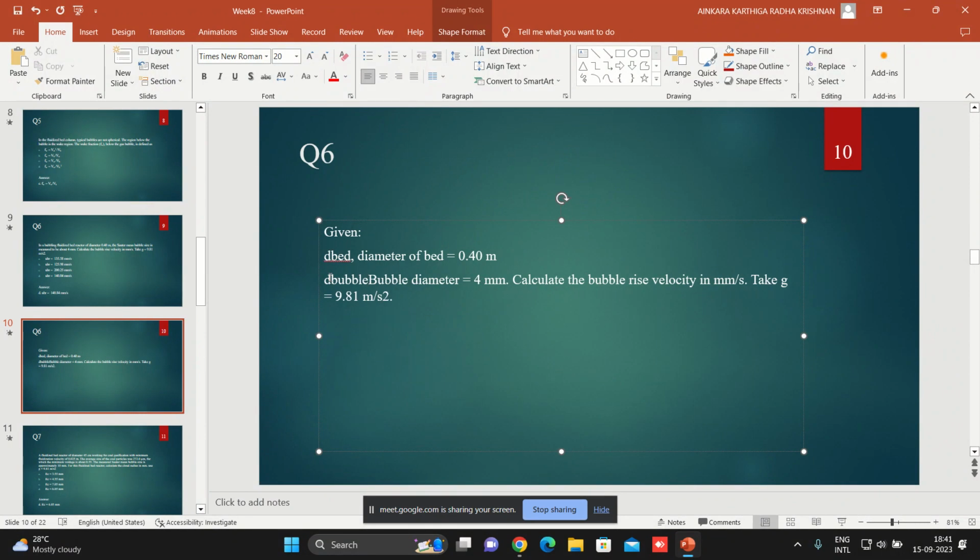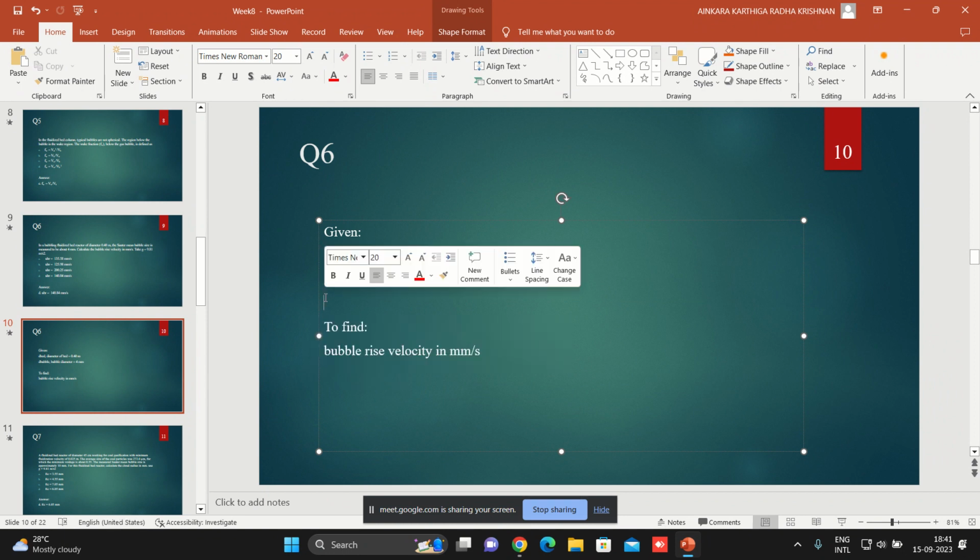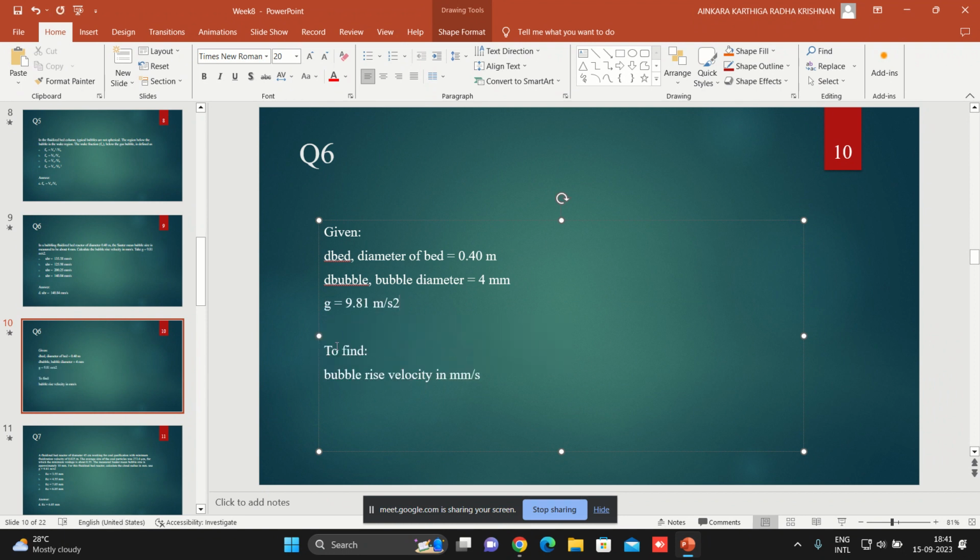We need to find the bubble rise velocity, with g equal to 9.81 meter per second squared.